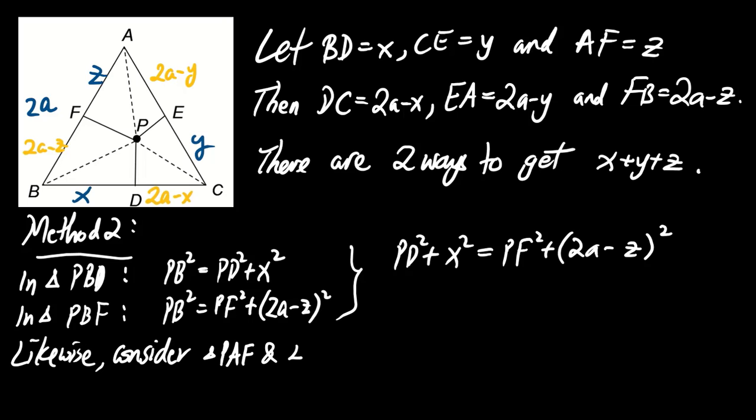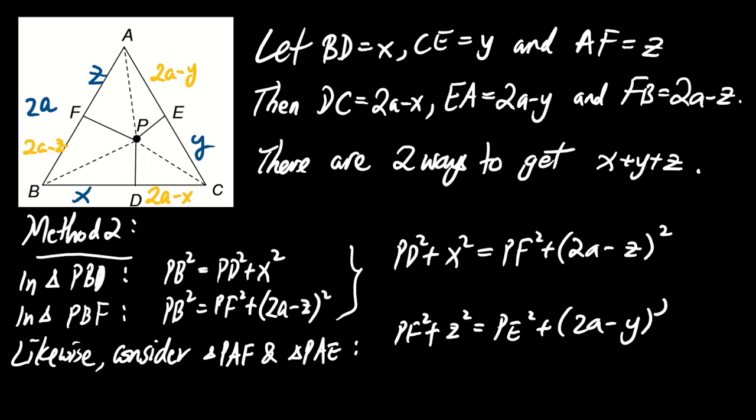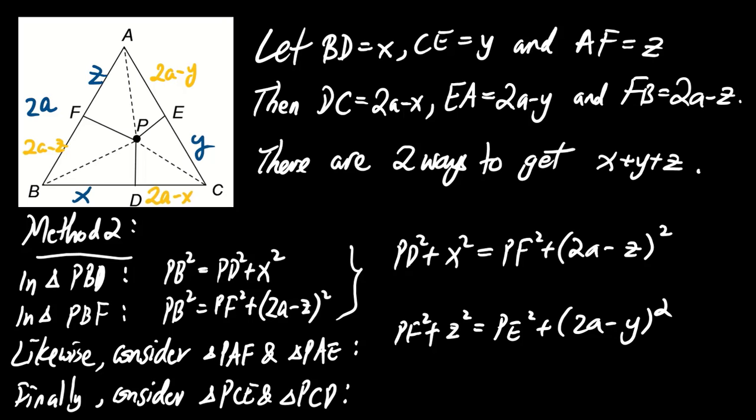From triangles PAF and PAE, PF squared plus z squared equals PE squared plus (2a minus y) squared. That's equation 2. From triangles PCE and PCD, PE squared plus y squared equals PD squared plus (2a minus x) squared.